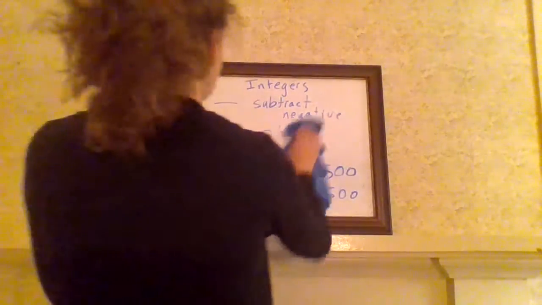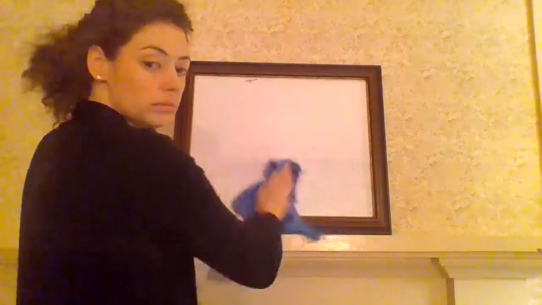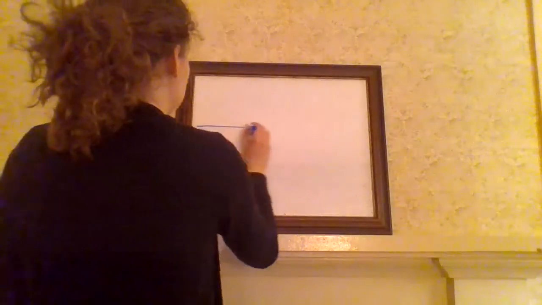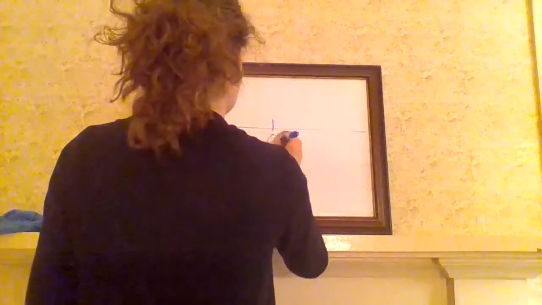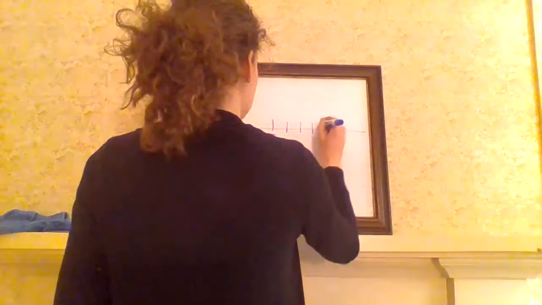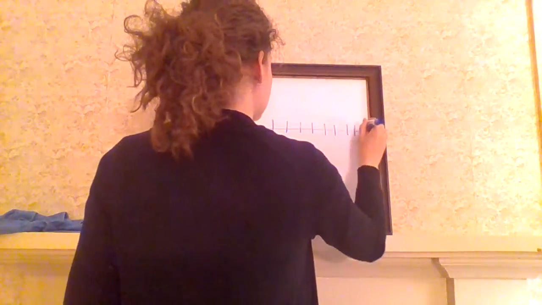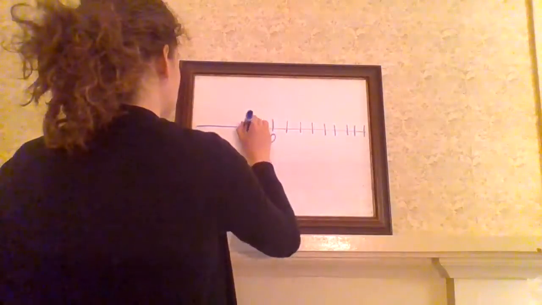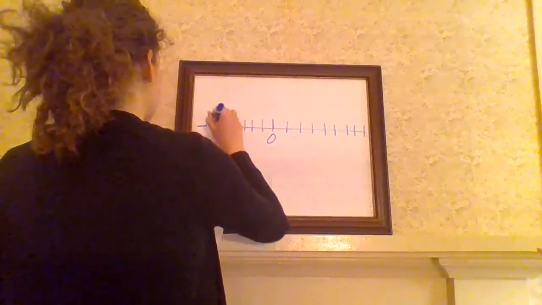Okay. All right, so I'm going to draw you a number line and show you a little bit of what it looks like to have positive and negative numbers. Okay, so we have 0 here in the middle. So let's see, 1, 2, 3, 4, 5, 6, 7, 8. 1, 2, 3, 4, 5, 6, 7, 8.